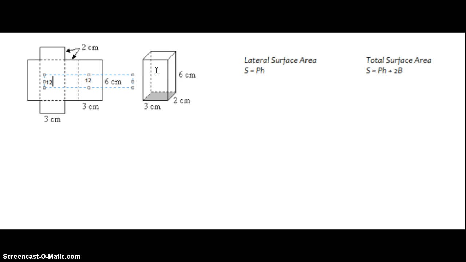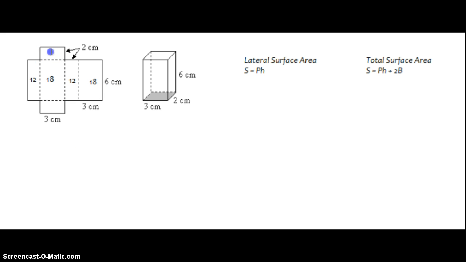So actually that's not those sides, it's this side right here. So these are 6 by 2, 6 by 2, and then we've got the 6 by 3, which is the front and the back, so that's 18, and 18 right here.